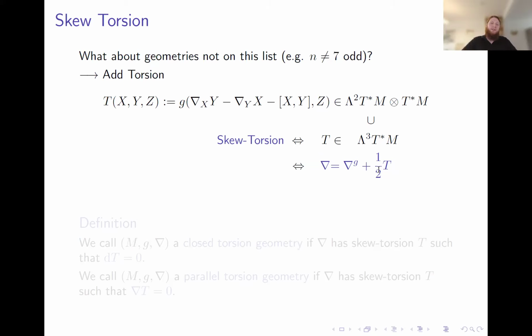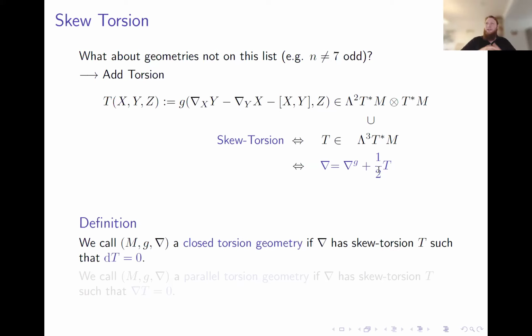Turns out just having skew torsion is still too broad. We need more restrictive conditions, typically PDE conditions. The one I'm most interested in today will be closed torsion, so we may assume that the torsion tensor itself is closed with respect to the exterior derivative.